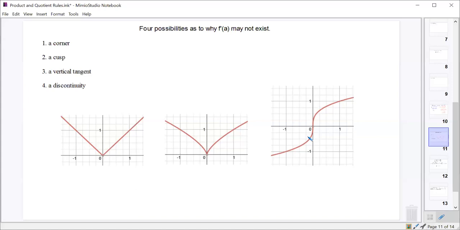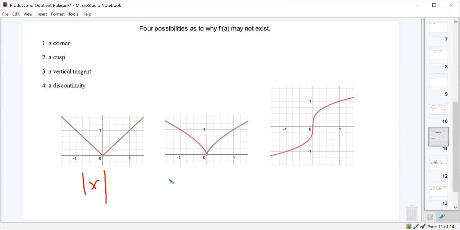Cool. All right, anybody know what this first graph could be the graph of? Absolute value. Yep, looks like absolute value of x. Anybody know what this one is? Absolute value of a square root, maybe?